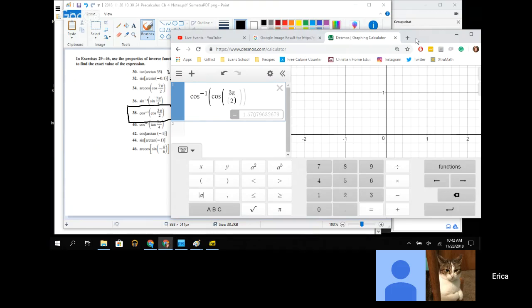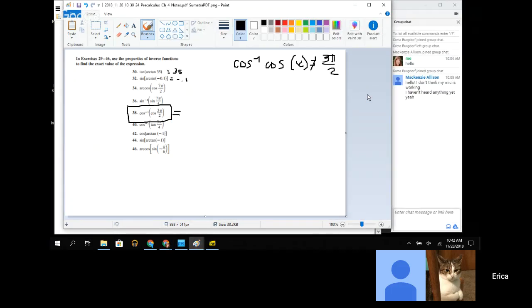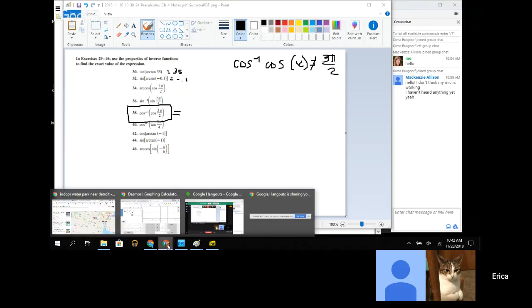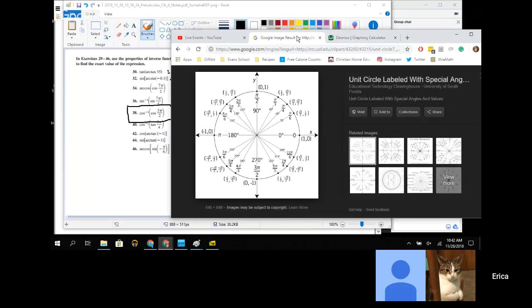Hold on a second. This is where it gets a little bit complicated. Obviously, as I'm explaining it, it's a little bit complicated to explain it. So let me pull this up again.